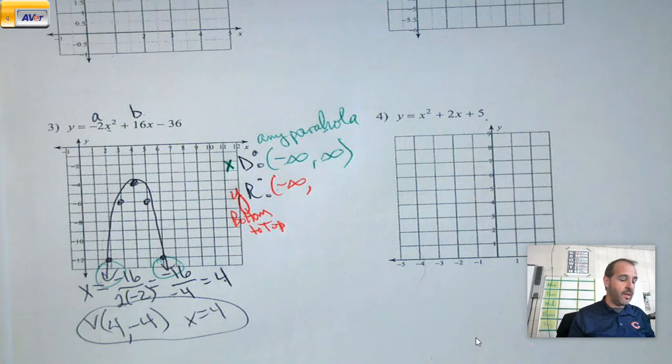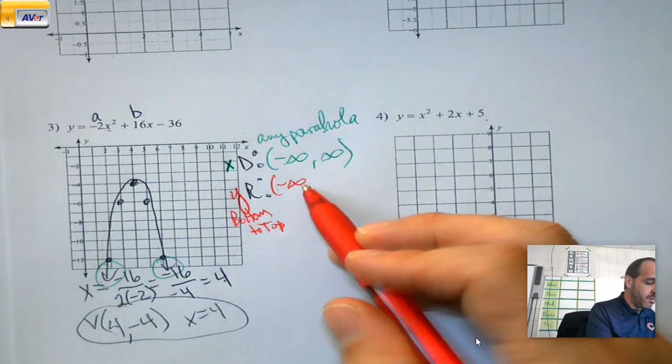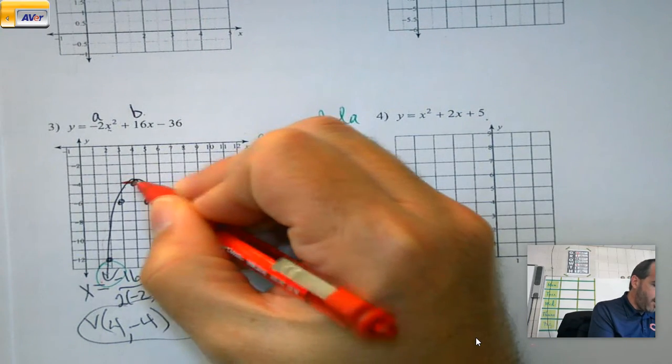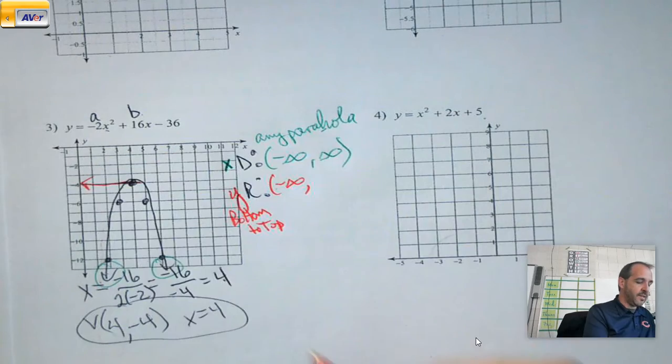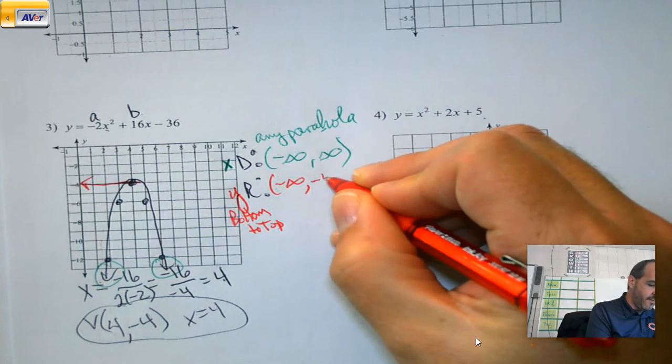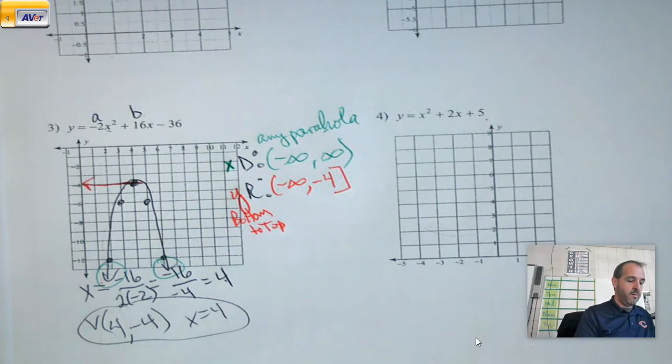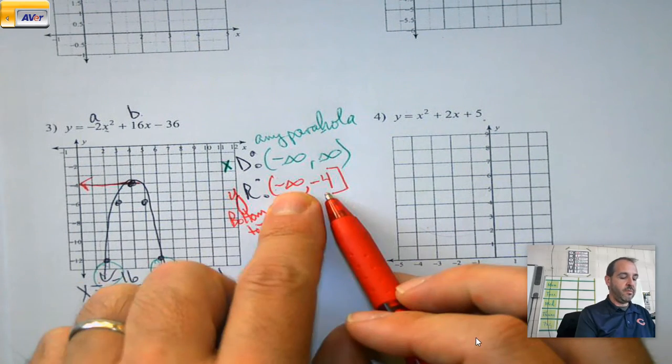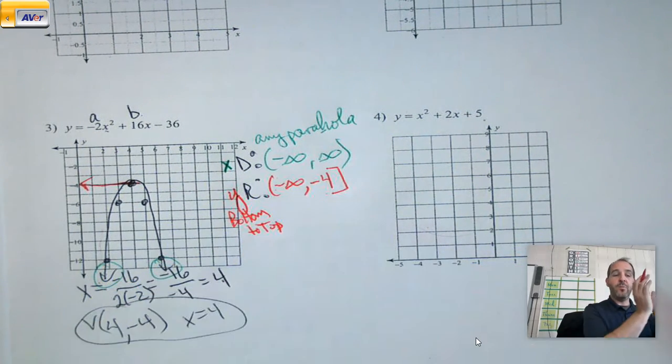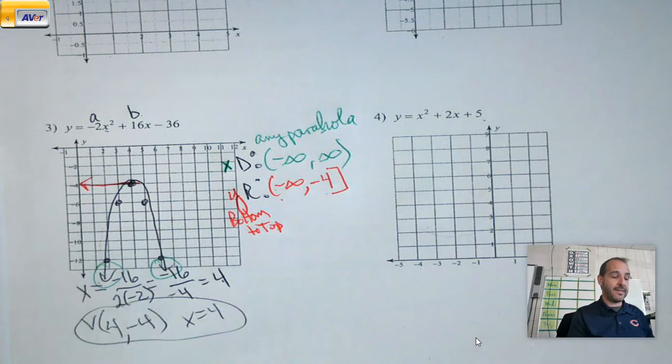So I have to watch for that. But then the top is this point right here. And what's the y value at this point? Negative 4. So if it opens down, we start with negative infinity. If it opens up, we'll start with the number and go to positive infinity.